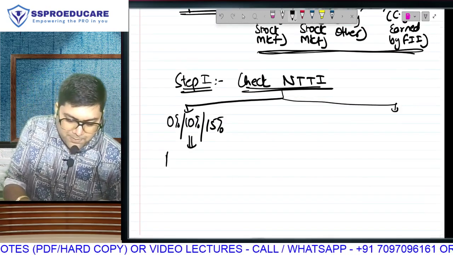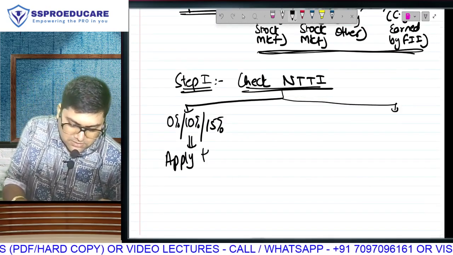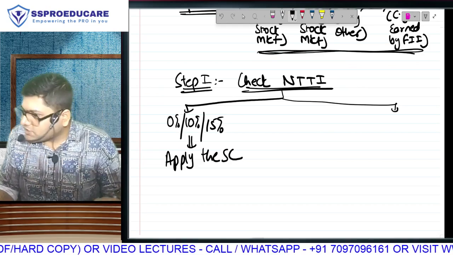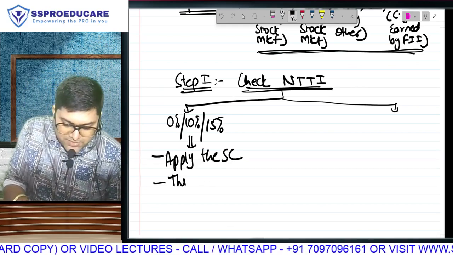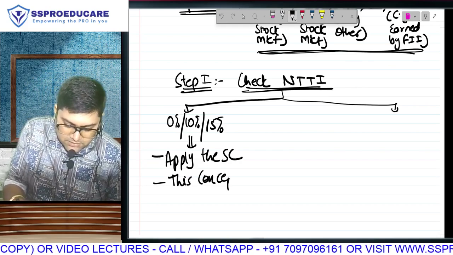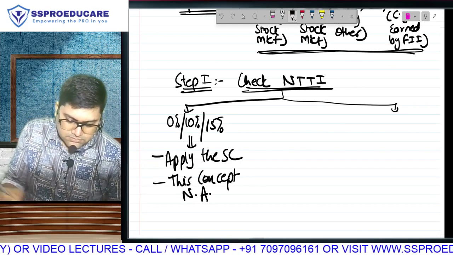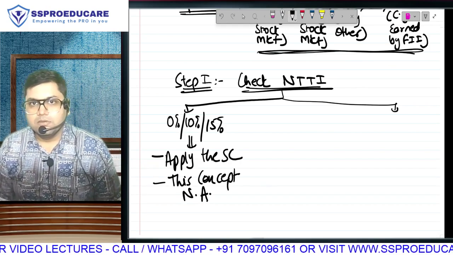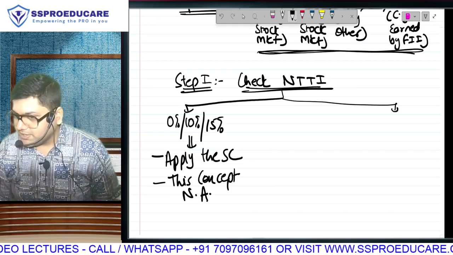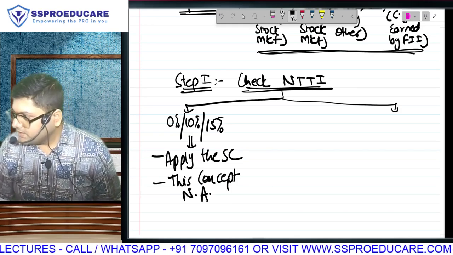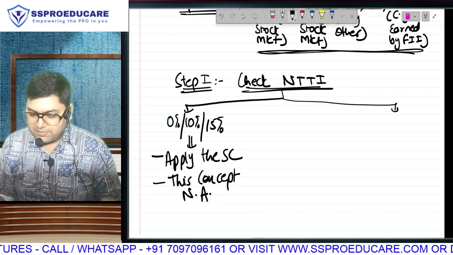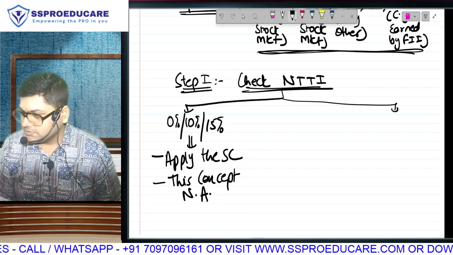So apply the surcharge and finish the question. This concept that we are currently learning is not applicable. If your surcharge is coming to 0, 10, 15, this concept is not applicable. There is no step 2.